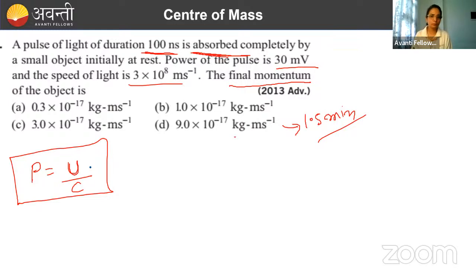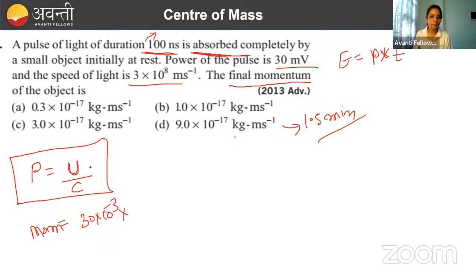So power is this much, pulse timing is this much. So energy is power into time, you will write. And if energy is this, that is u equals p into t, then momentum will be how much, with power being your 30 millivolt.